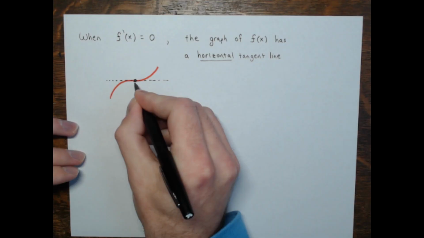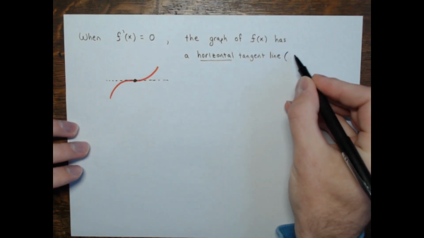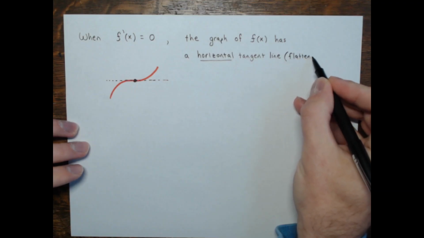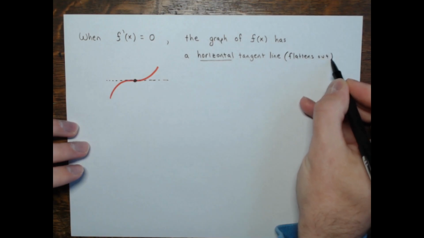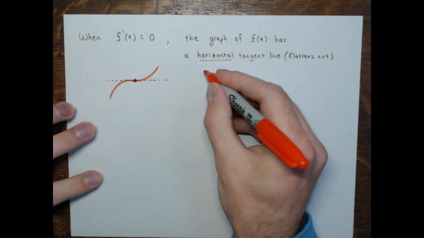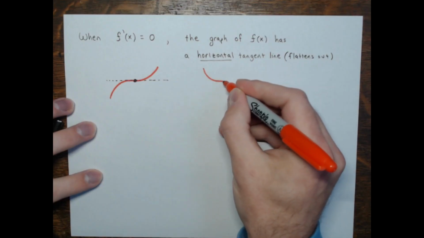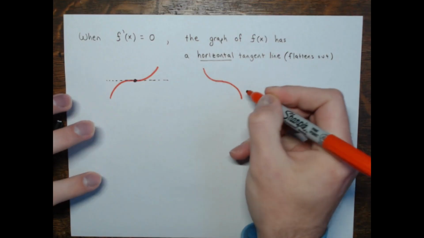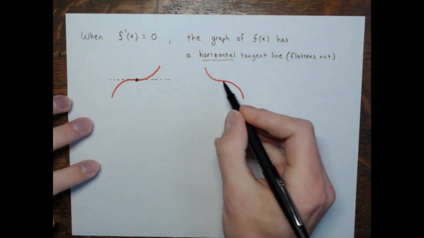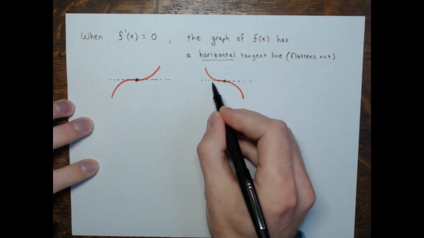We could call this flattens out. So that could happen. Or it could be maybe decreasing and flatten out and then keep decreasing. So again, at a point like this, it's flat, a horizontal tangent line.